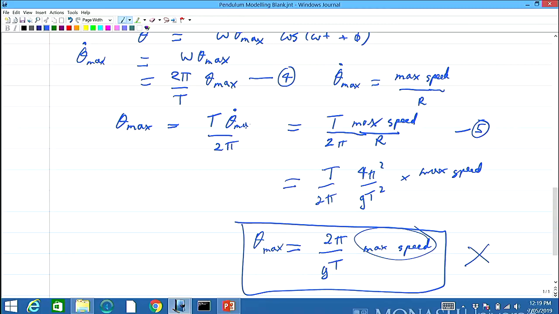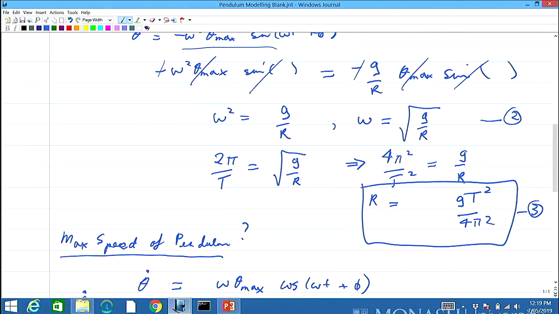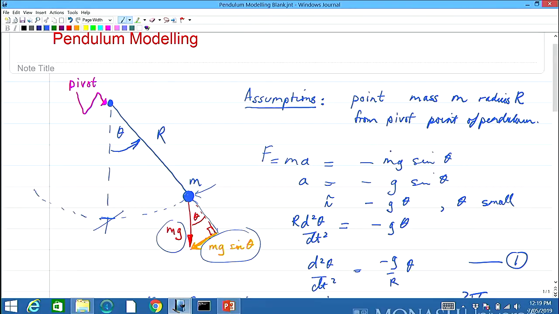So let's go back to the assumptions that we made at the beginning, which is right back here. So the assumption is we have a point mass and we're measuring the radius to that point mass, and we're calculating the speed based on that radius. Okay.